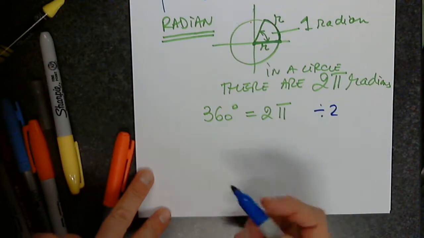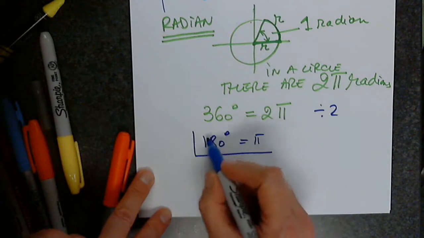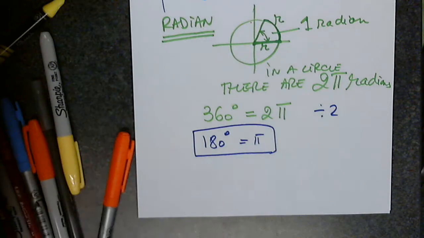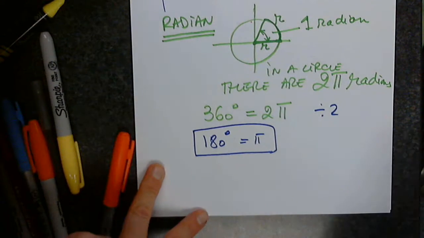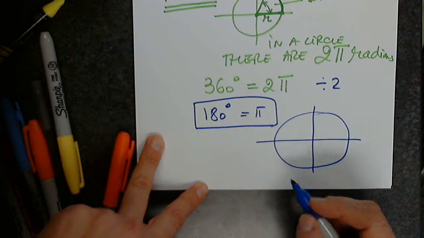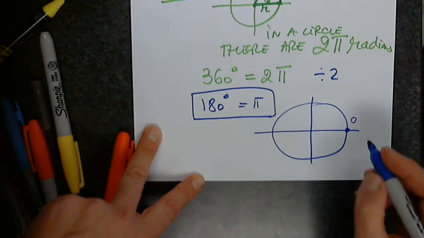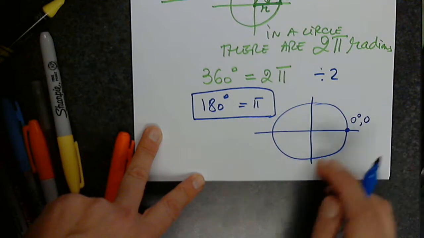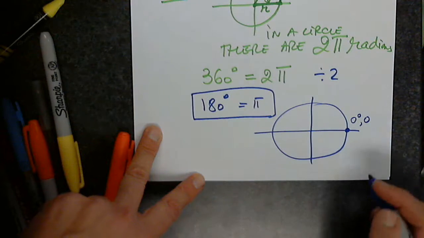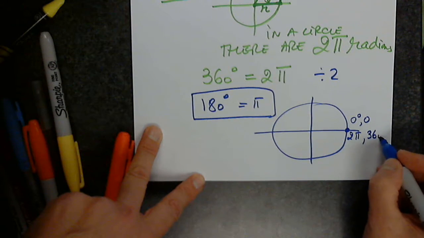So from now on I have to know that every time I talk about an angle of pi radians, I am talking about 180 degrees. So coming back to our circle, this is 0 degrees or 0 radians, but it's also 2 pi or 360 degrees.